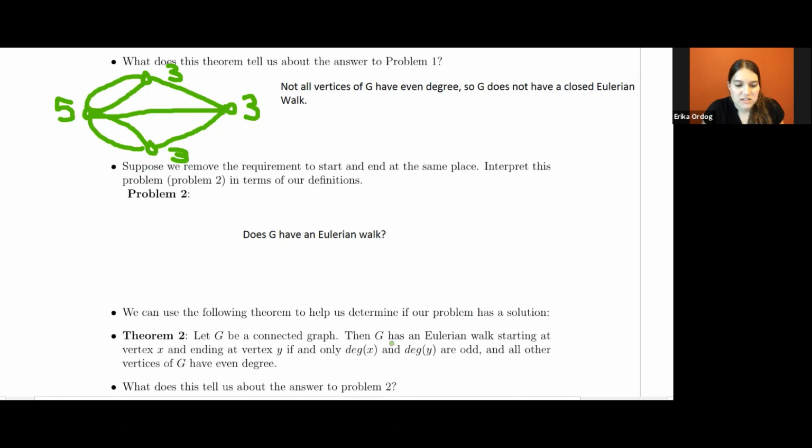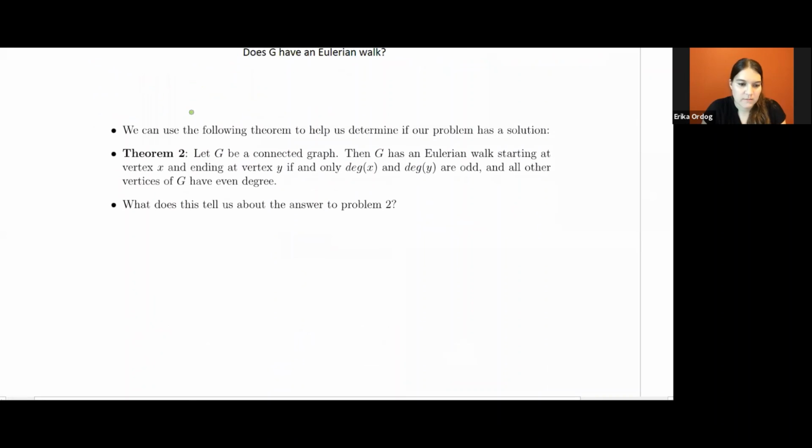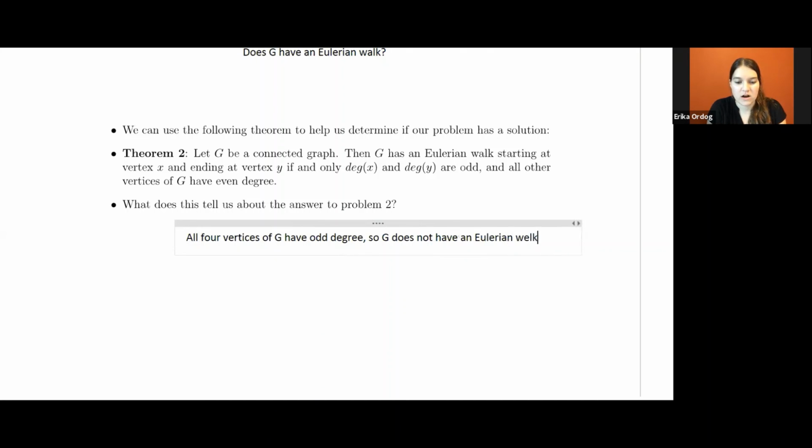Therefore, G does not have an Eulerian walk. All 4 vertices of G have odd degree, so G does not have an Eulerian walk by theorem 2.